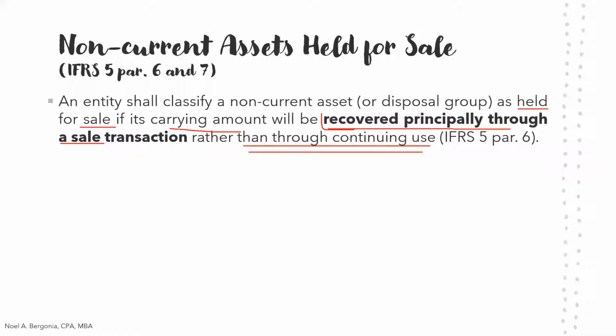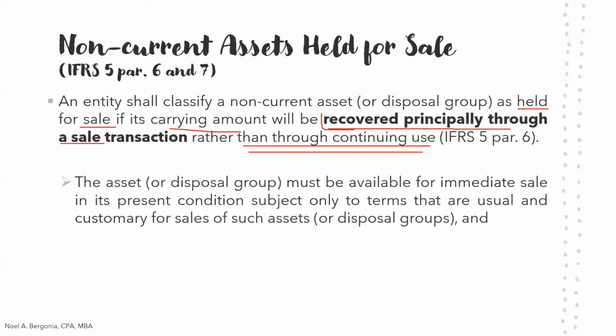This particular non-current asset held for sale must be available for immediate sale in its present condition, subject to terms that are usual and customary for sales of such assets. Again, that asset should be readily available. This is not inventory, because inventory was discussed under IAS number 2.